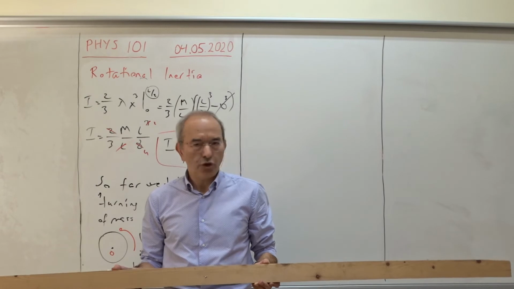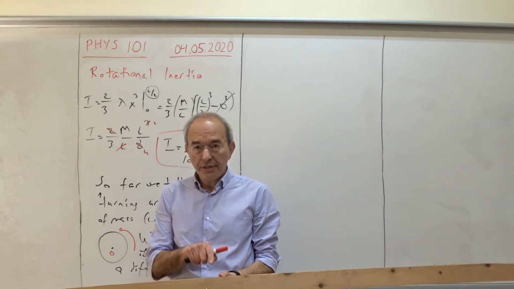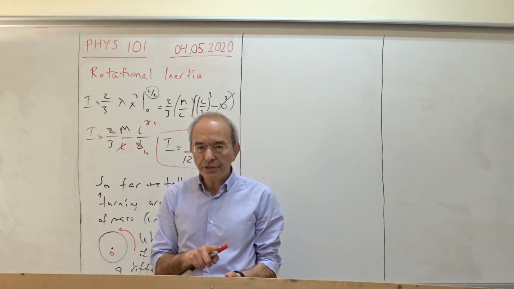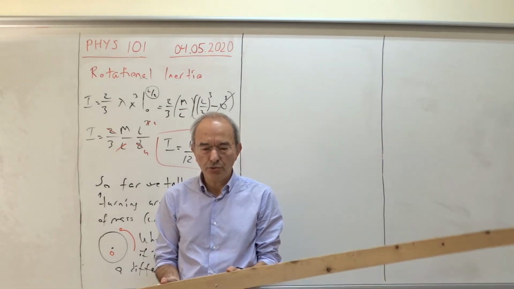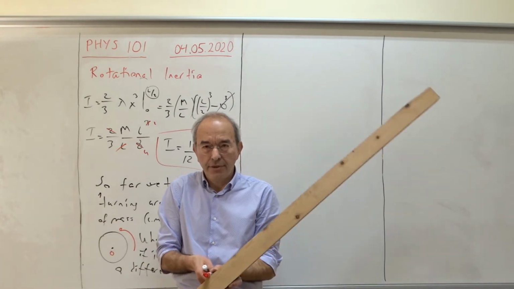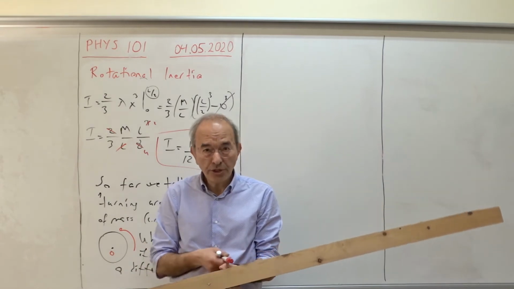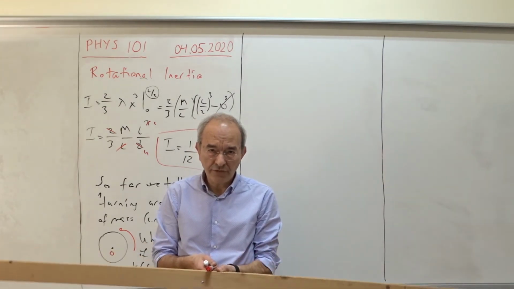This is the kind of rod that we have already talked about. And we have said that the rotational inertia of turning the object around the midpoint, an axis passing through the midpoint, perpendicular to the axis of the rod, is 1/12 ml squared, as we have seen.